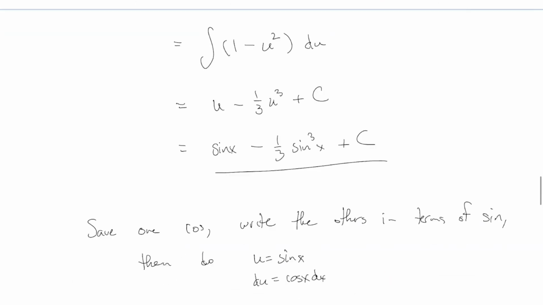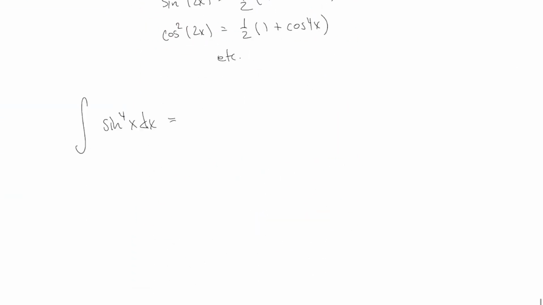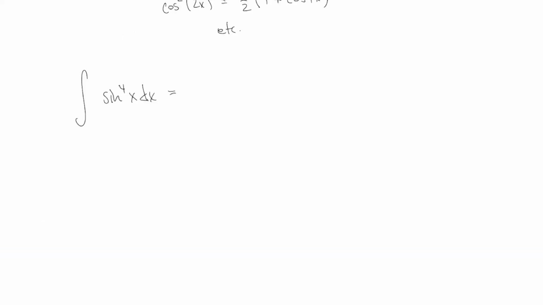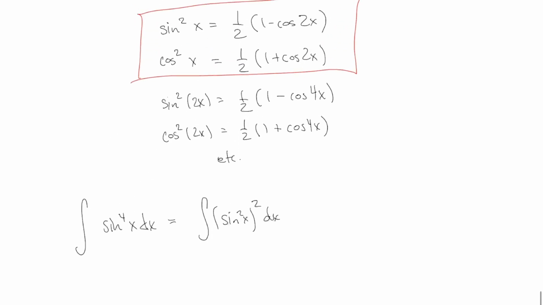And so, instead of saving one, I am going to write this even power right away as sine squared x, squared. And then use this other way of writing sine squared x at the top. And so the inner sine squared, I'm going to write like 1/2 (1 minus cosine 2x). So this is the integral of 1/2 (1 minus cosine 2x), like that, squared.